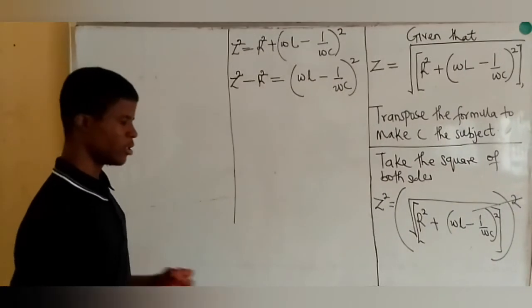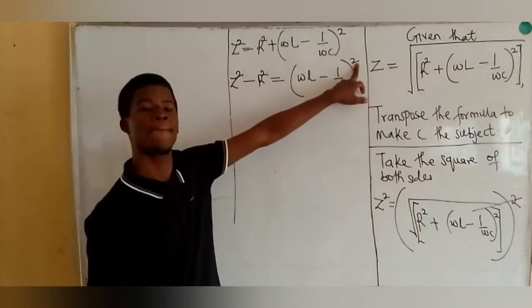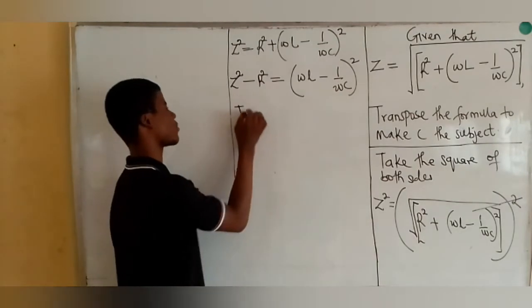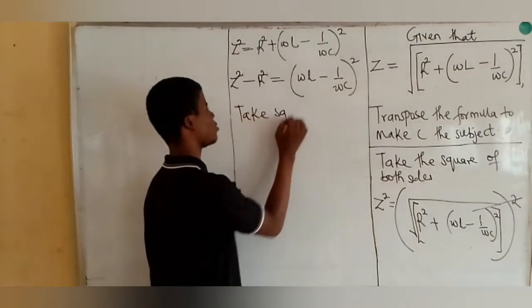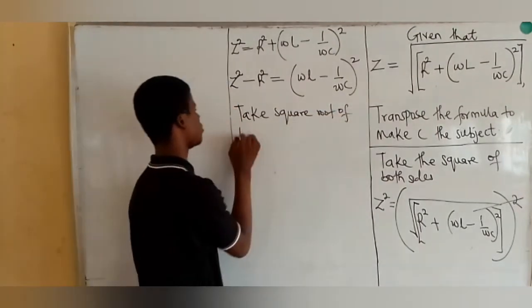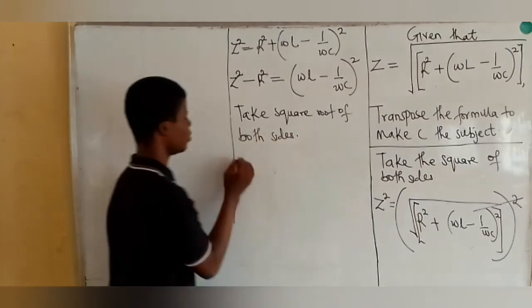So the thing is becoming simpler. I will have to remove the square. So by removing the square, I will take square root of both sides. This is how to do it.